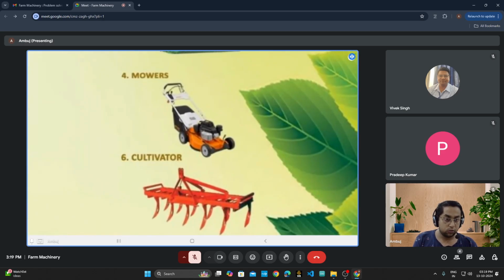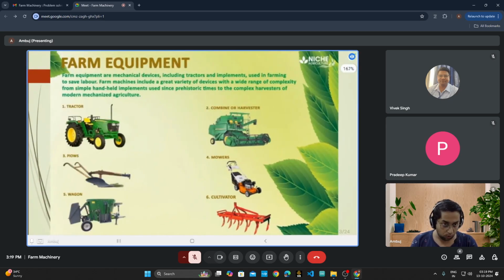Then the cultivator. You must know this implement is a cultivator. It has various types of tines, already dealt with in theory. It is attached to the tractor via the 3-point hitch linkage system. It is a secondary tillage implement, and it is also used for intercultural operations.